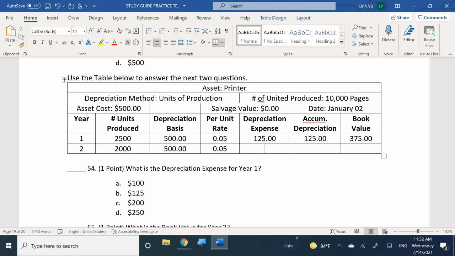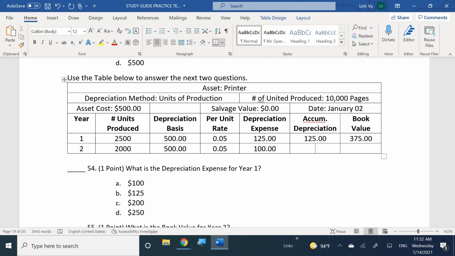Now, the difference is going to be in my depreciation expense. In this case, I only printed 2,000 pages for year 2. So what's my depreciation expense going to be? $100. Okay?